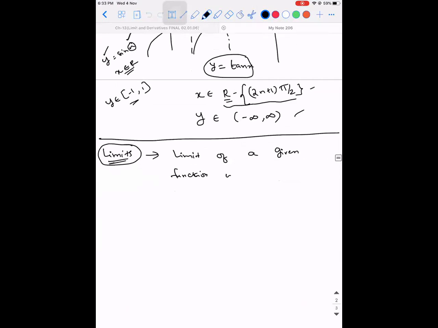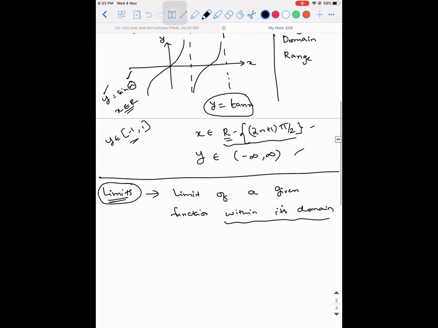Limit of a given function within its domain. So when you want to find the limit of a function, you're going to find its limit within a parameter called its domain. Okay. So try to understand, guys.